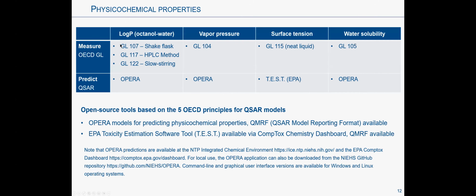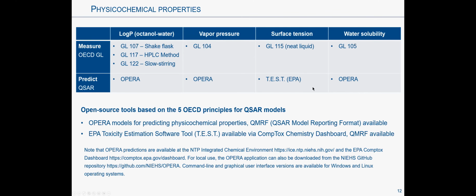Which methods can you use to look at the physical properties? Well, you can measure them according to the different guidelines that are mentioned here, but be careful for the surface tension. It's not exactly according to guideline 115, because there the surface tension is measured of a 1 gram per liter solution, and we use the surface tension of the neat liquid. You can also use QSAR tools, and for the log P, vapor pressure and water solubility, we used OPERA.